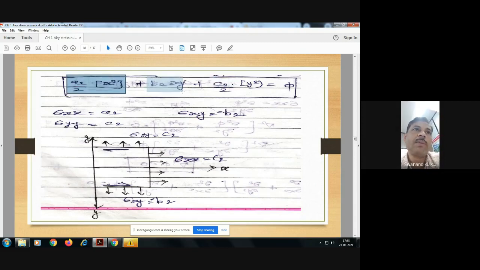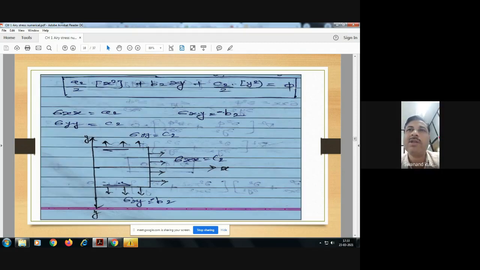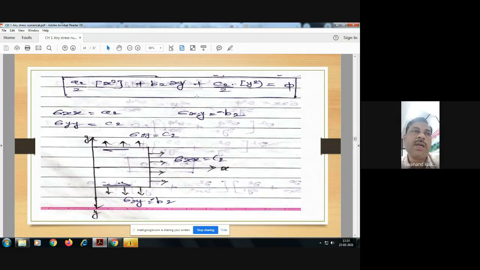This particular term after second differentiation, because only b2x is going to remain and we are differentiating with respect to y, so that's why this second term will also become equal to 0. And in this third part, when we take the second differentiation, in first differentiation it is 2y, 2 will get cancelled, and in second differentiation only c2 will remain here. So sigma xx will be one constant, and that is c2 we have considered.